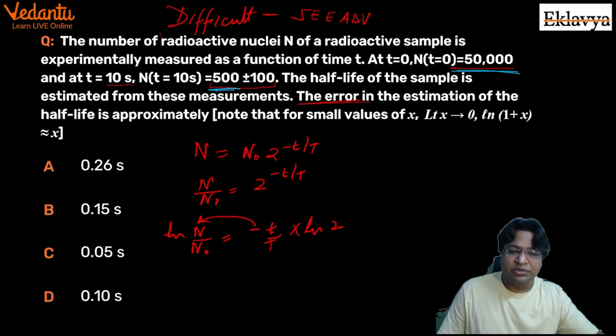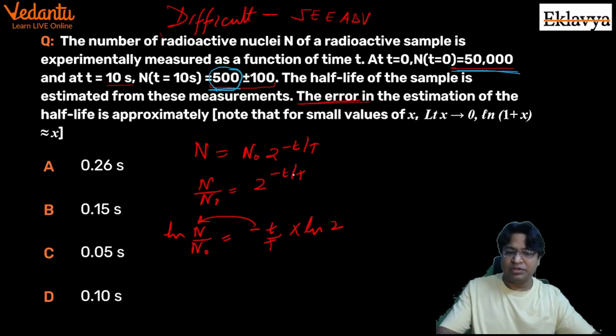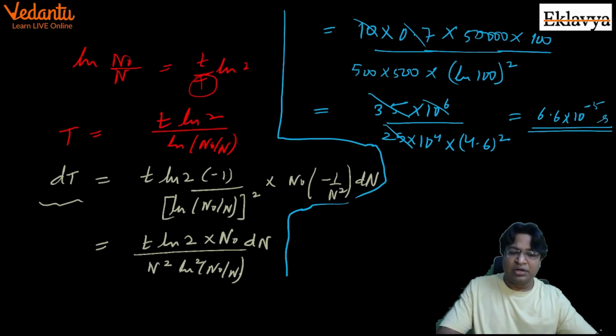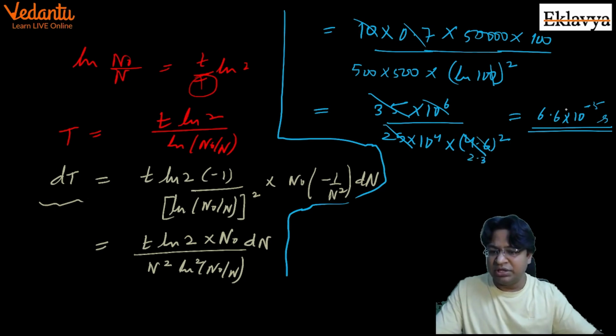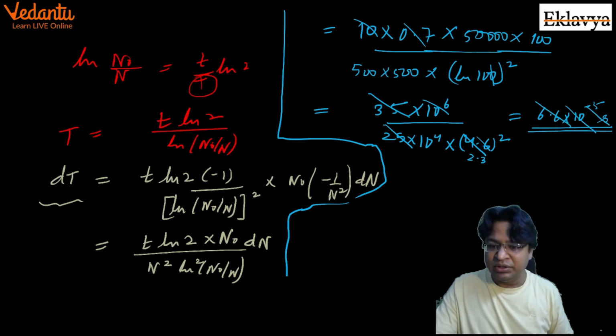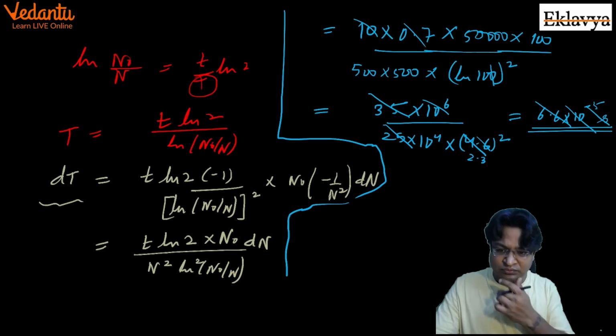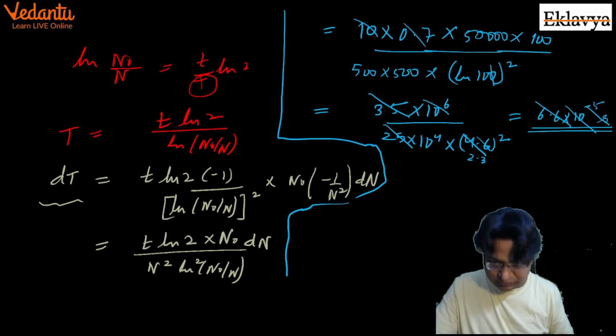Oh, students, I just noticed that in the actual question paper, this number was 5,000, and therefore, instead of having ln 100 here, we will simply have ln 10, and we need to do the calculation accordingly. So it would be a square of ln 10. So this would not be 4.6, it would rather be 2.3 only. So the answer that I'm getting will not be this.